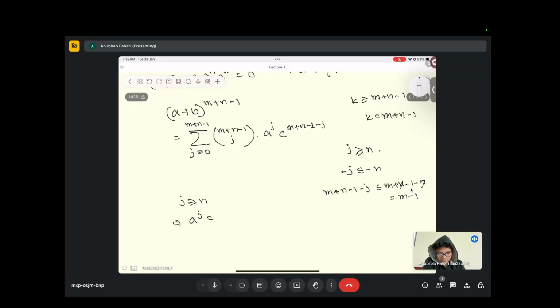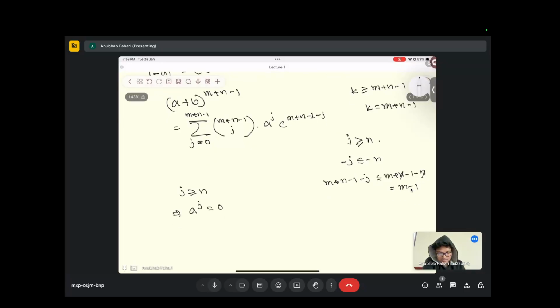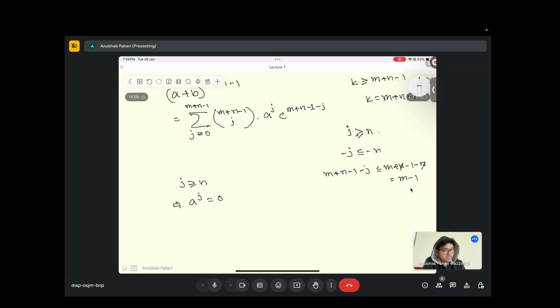Yeah, so when your j is greater than n, then j greater than n implies a to the power j is 0, right? So we don't have to worry about this sum when j is greater than n.